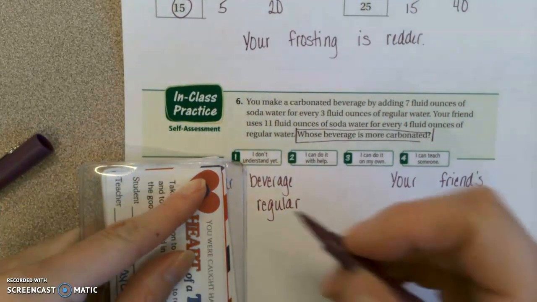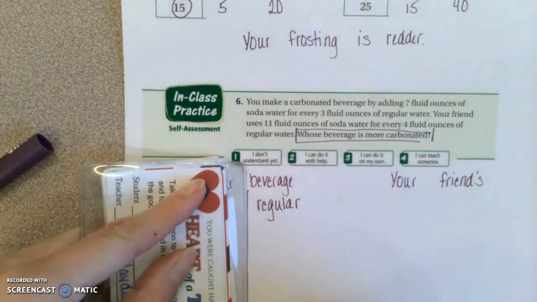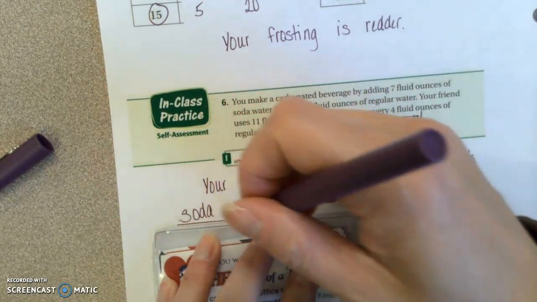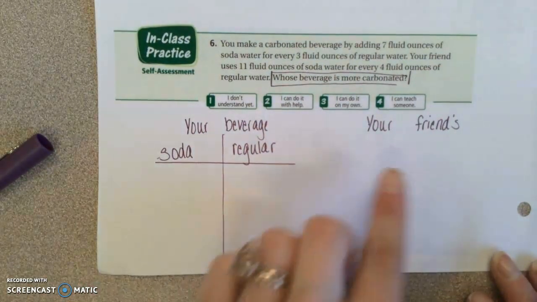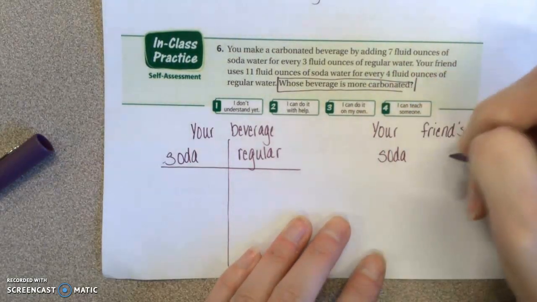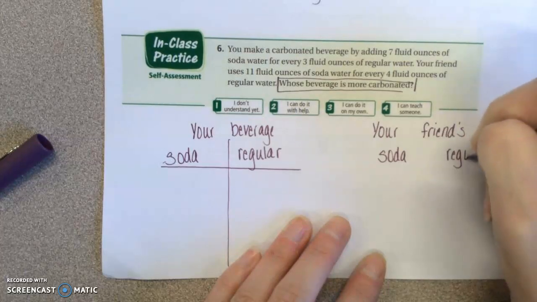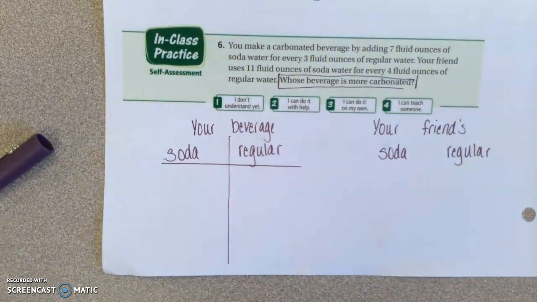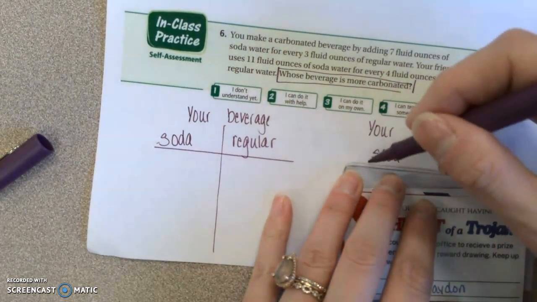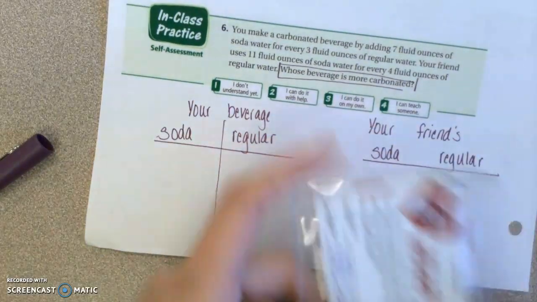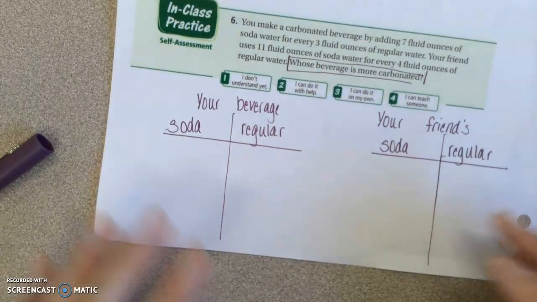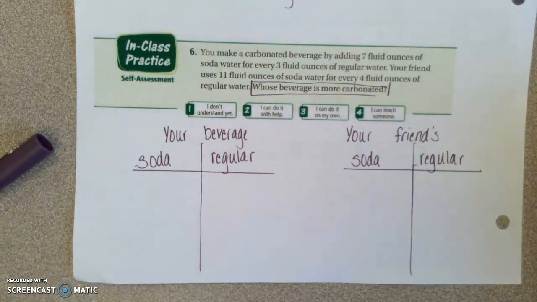So I'm just going to make a T-chart, and everybody has an ID. So you can always just use your ID as a straight edge. Like this. Okay, then your friend, same thing. We're going to compare the amount of soda water to the amount of regular water. So pause your video, fill in what you know, and see if you can make some comparisons.